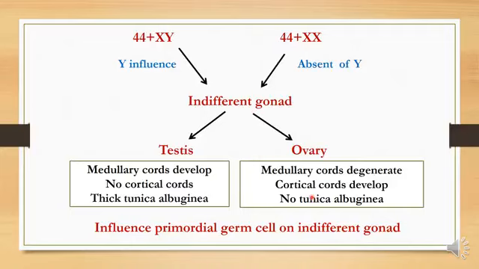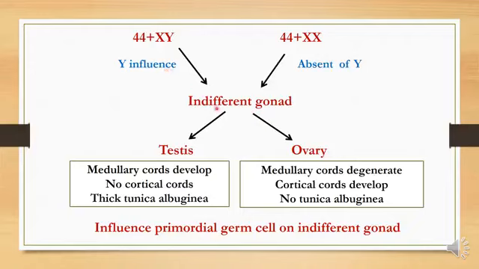Now, the diagram shows the influence of primordial germ cells on the indifferent gonad in the male and the female. In the male, 44 somatic chromosomes plus XY, while in the female, 44 plus XX.